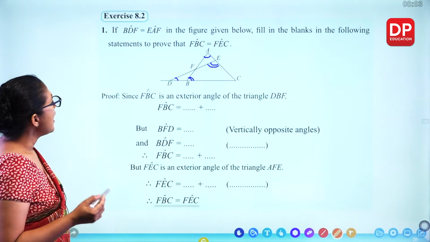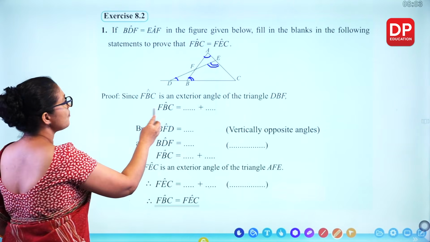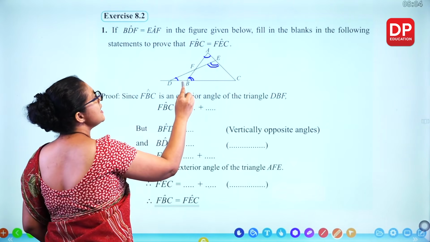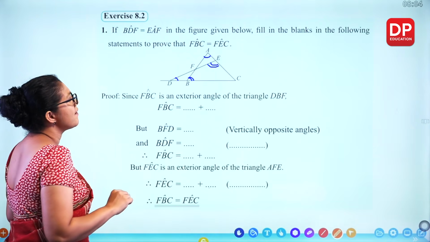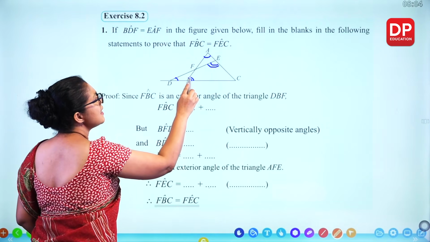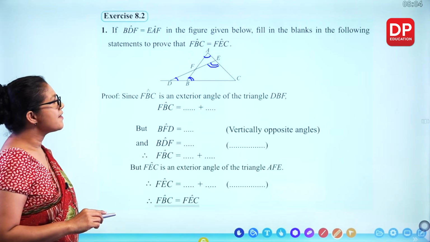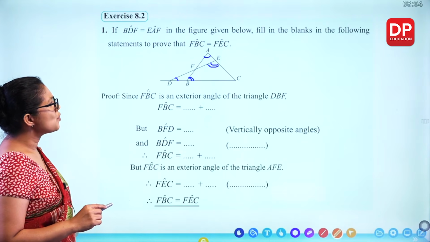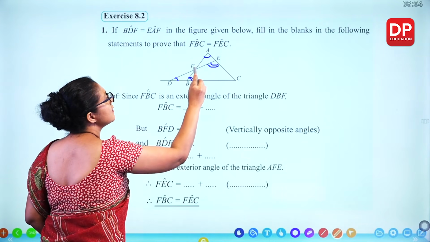So here FBC, this is the exterior angle to which one? This small angle.